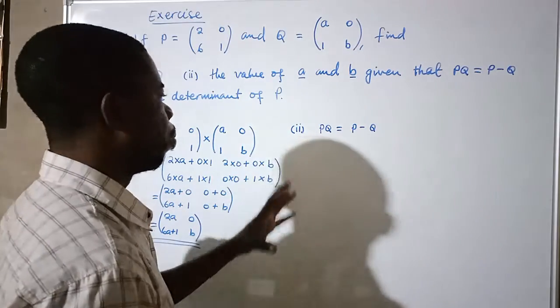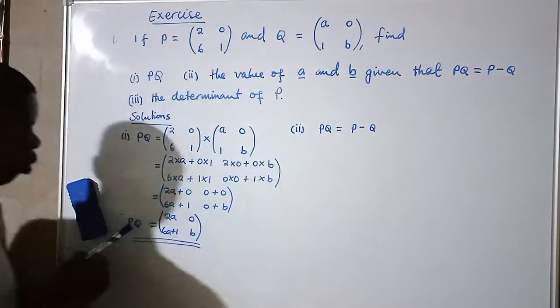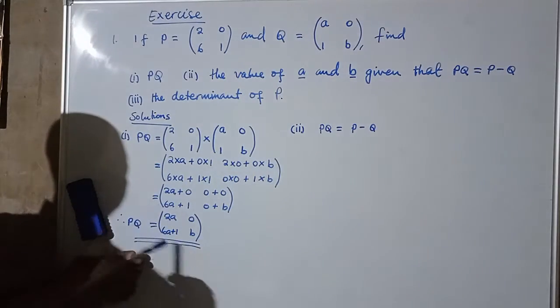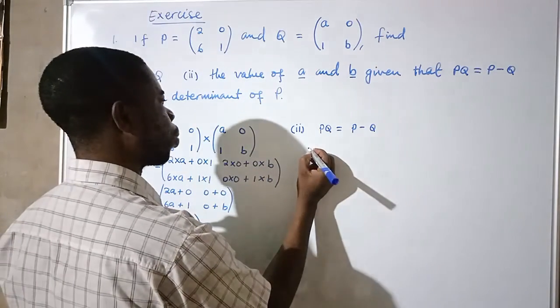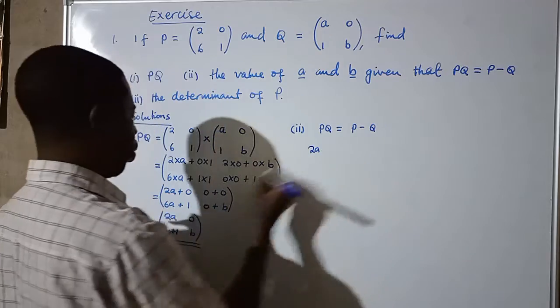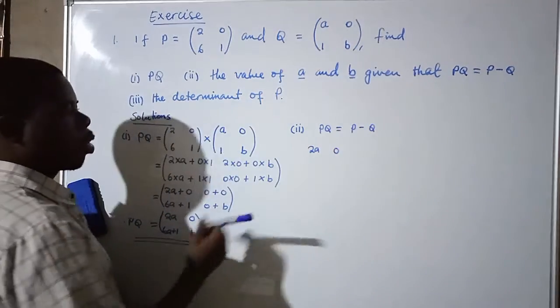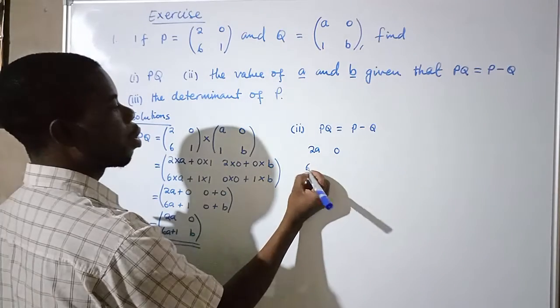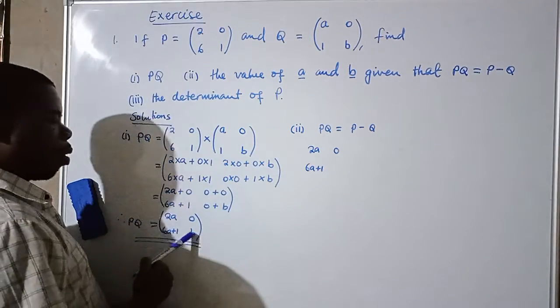What we are going to do is substitute. We know PQ is this matrix here, so put 2A, then 0, then 6, 6A plus 1, then B here.